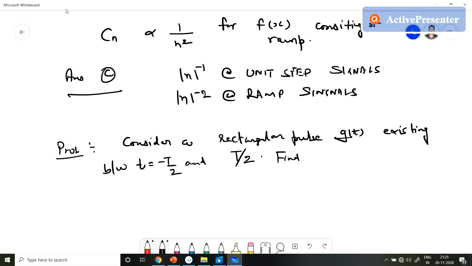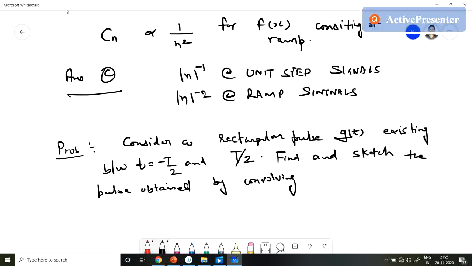Find and sketch the pulse obtained by convolving g(t) with itself.